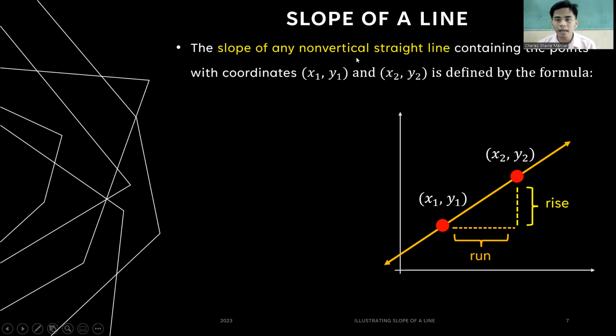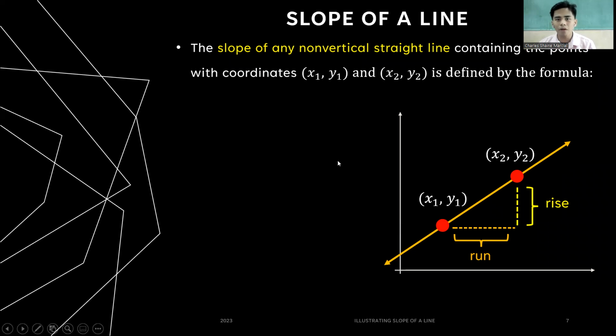Kasi kapag vertical line na siya, okay? Yan ay undefined. Okay? So, dapat non-vertical straight line. Bakit? Kasi nga slope yung pinag-uusapan natin. So, ibig sabihin, near to perpendicularity ang ating slope.